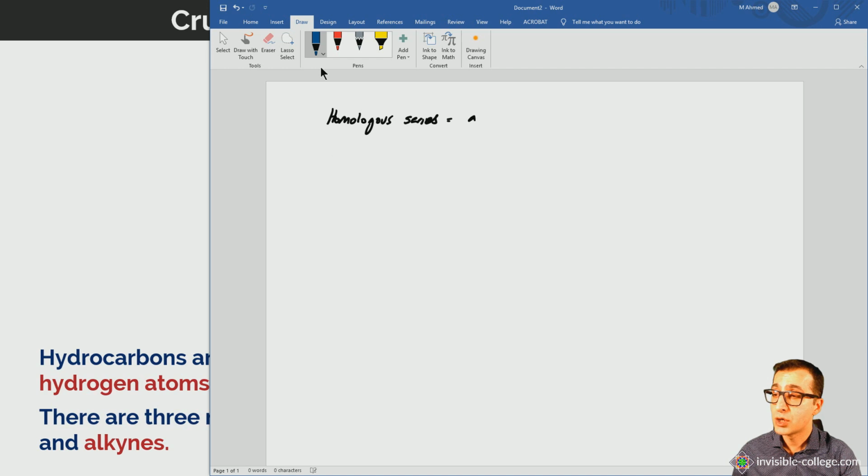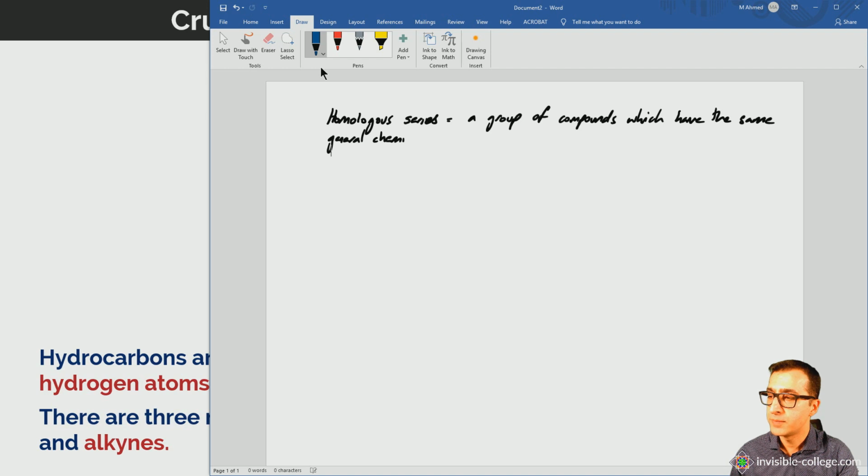essentially refers to a group of compounds which have the same general formula. And we'll see what that means in a moment. Same general chemical formula.